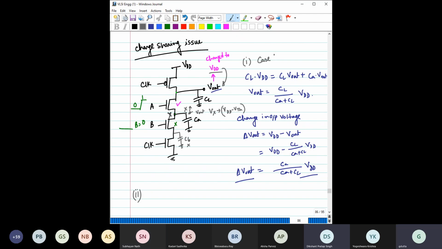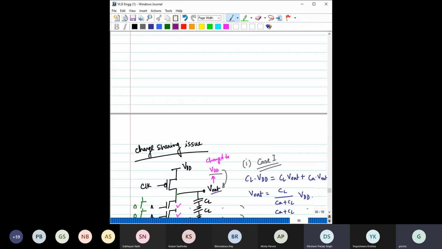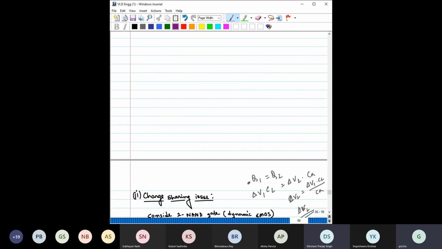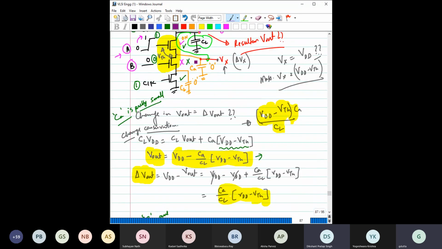Yes, okay. Think in this way. Yesterday I first discussed this one, so maybe that was the reason you got confused. I considered the case where CA is pretty small, so the voltage increase across this CA would be pretty fast.